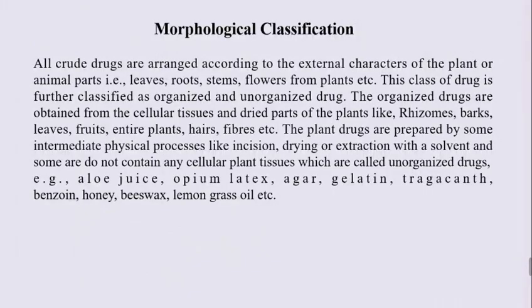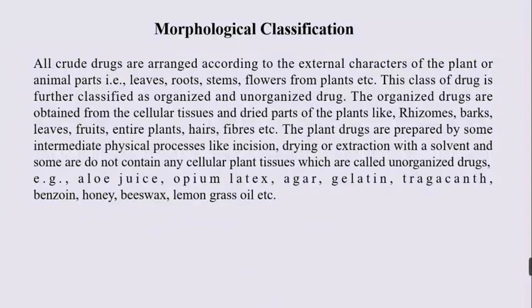Following this, we have the morphological classification. All crude drugs are arranged according to the external characters of the plant or animal, for example the leaves, roots, stems and flowers of plants. This class of drug is further classified as organized and unorganized drugs.